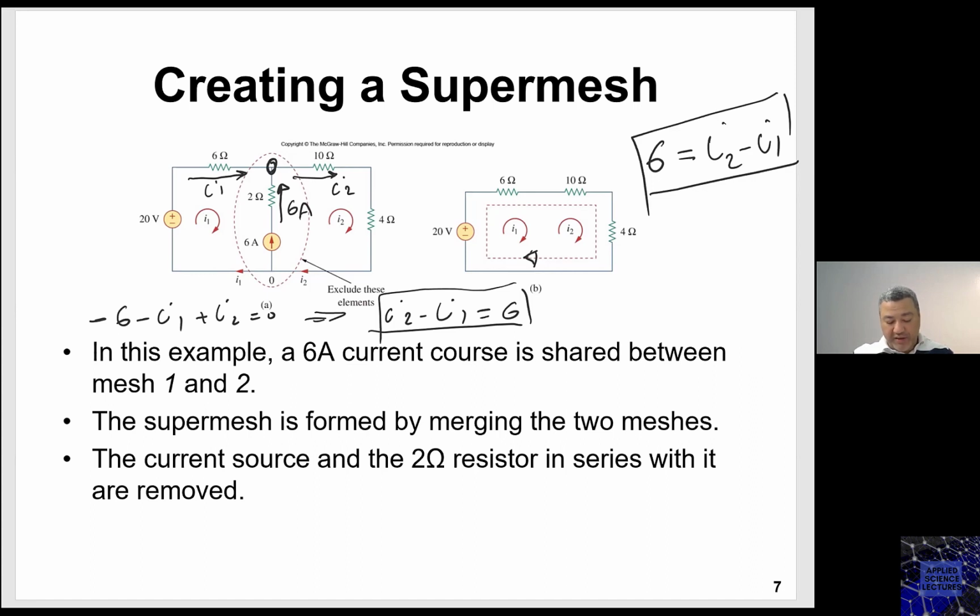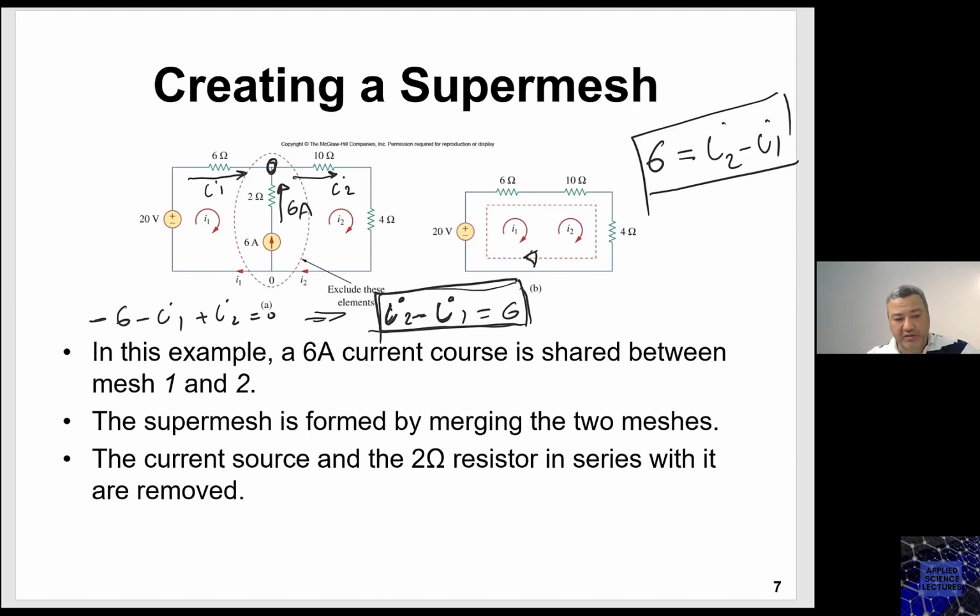So if I want to write the mesh equation for this, now super mesh, I call this a super mesh because they had a current source that was being shared, and now I have removed this current source, but this current source created this binding expression between my two mesh variables, I2 and I1. So in this case, if I am to write the mesh equation for that super mesh, I would write it this way.